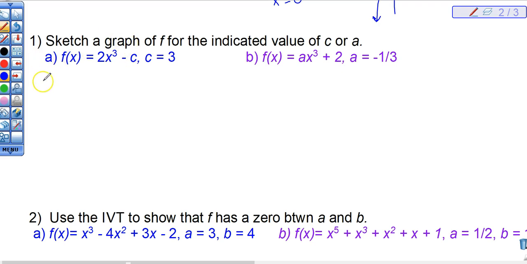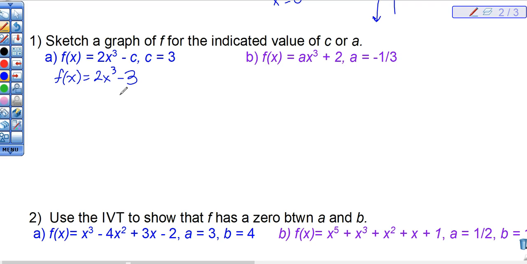Okay, so here we have A, which is f of x equals 2x cubed minus some constant. And I am assigning the constant to be 3. So we're going to sketch f of x equals 2x cubed minus 3.